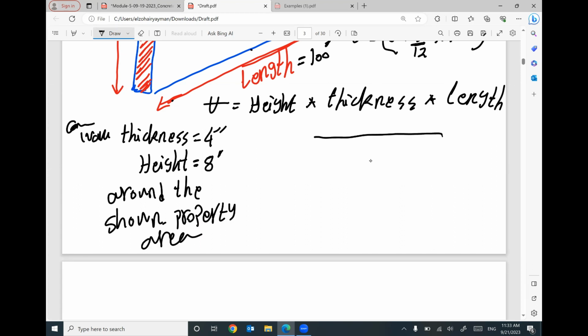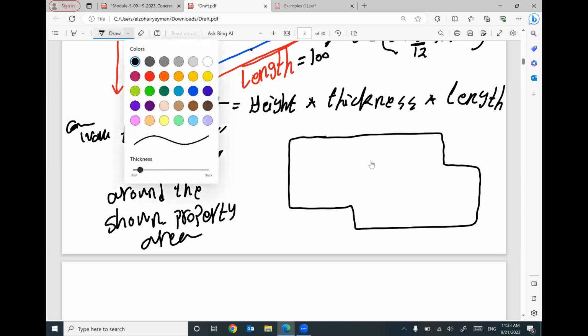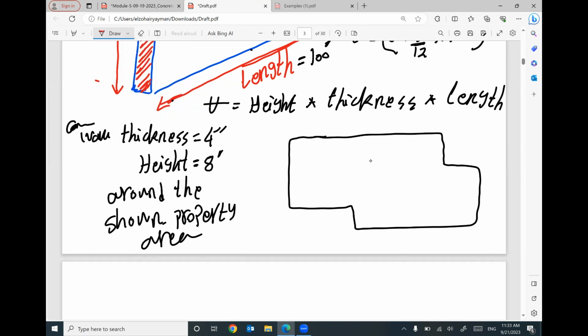I have an area of land that looks like this. And I would like to construct a concrete wall around this area of land. So I need to construct a wall with this length. Does that make sense?